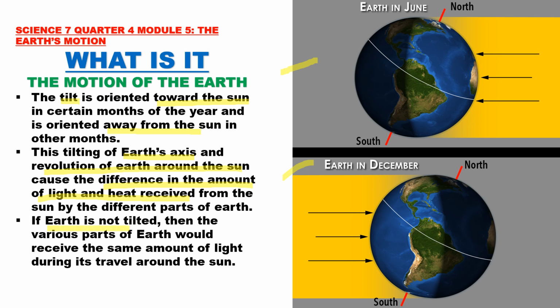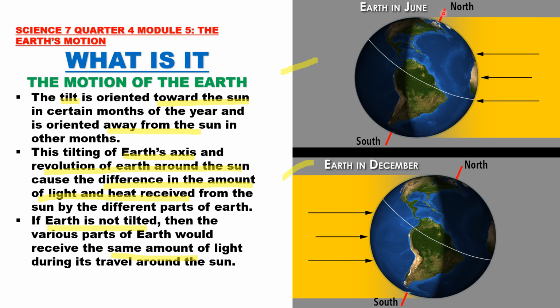If Earth is not tilted, then the various parts of Earth would receive the same amount of light during its travel around the sun. Earth's tilted axis causes the seasons. Throughout the year, different parts of Earth receive the sun's most direct rays.